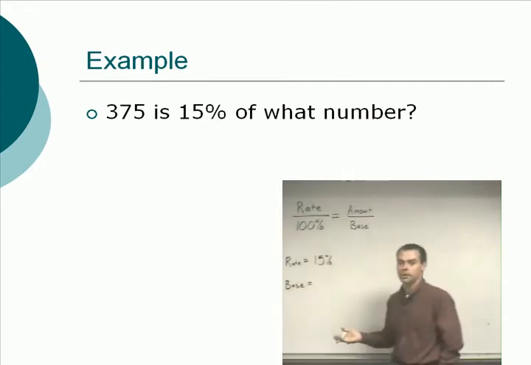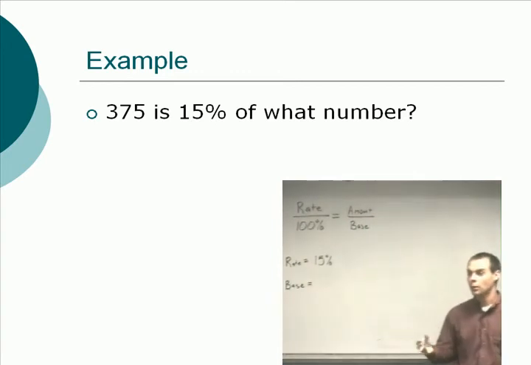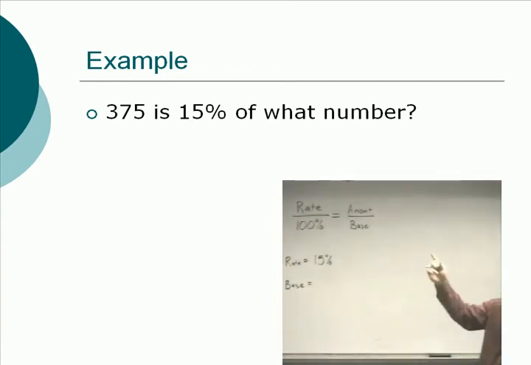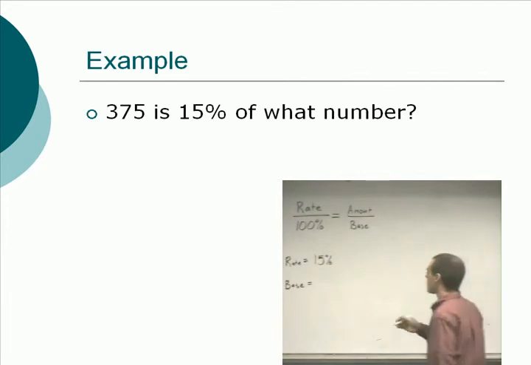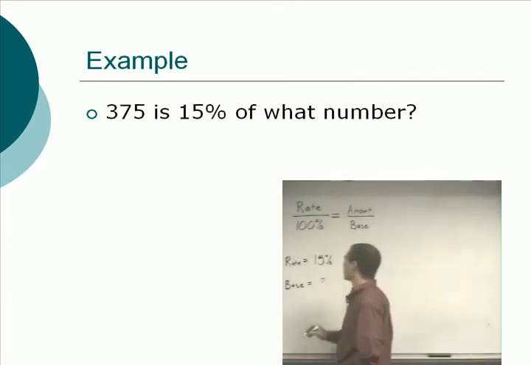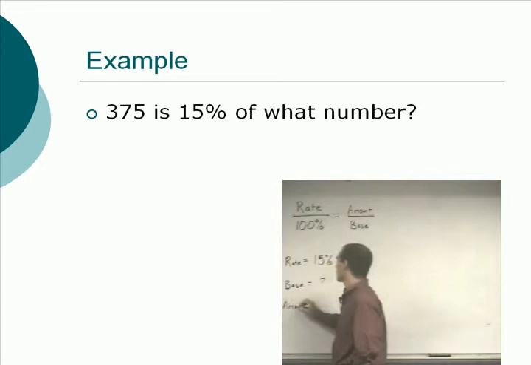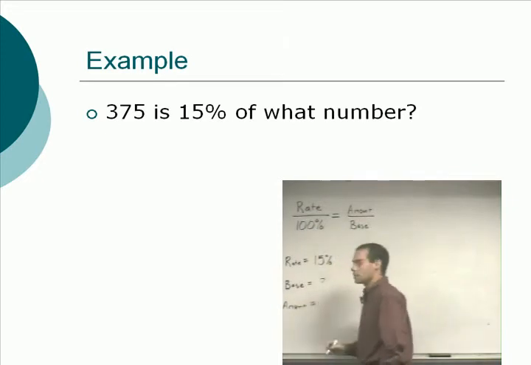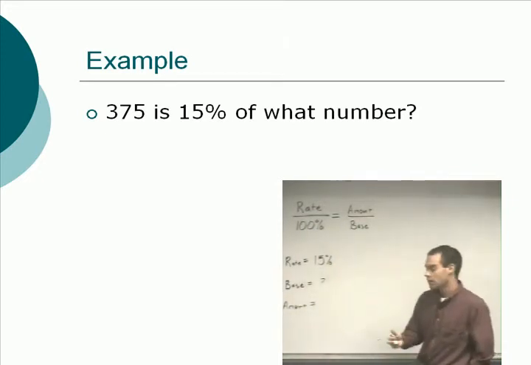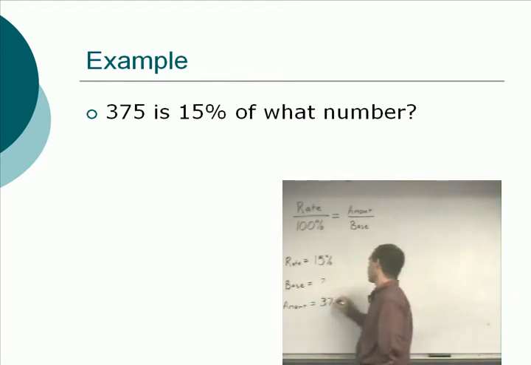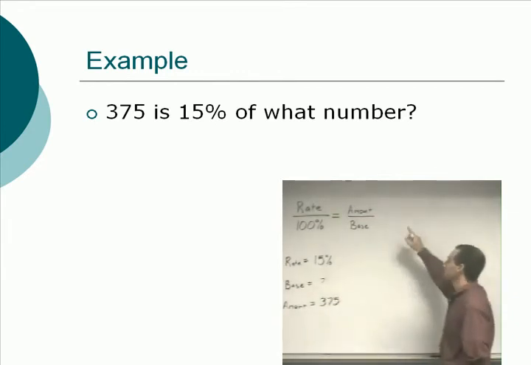The base, do we know it? We don't. We don't know what that number is. So the base is what we're trying to find. And the amount, the portion of the base, is our 375. So with that in mind, we can substitute into this proportion and solve.